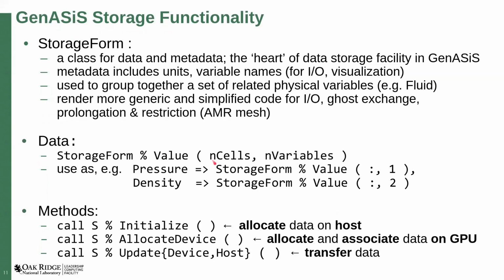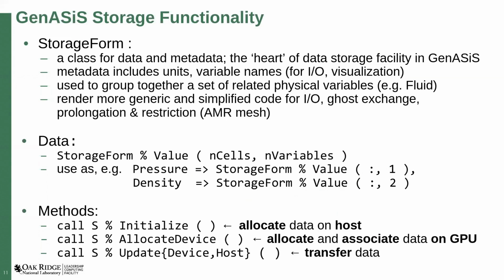So for example, here the storage form would store fluid quantities, where the first index represents the particular cell, and the second index represents the quantity such as pressure, density, velocity, etc. So we have methods in this storage form to initialize, which basically means to allocate data on the host, and we have methods to allocate device, and I will talk in detail about this later.